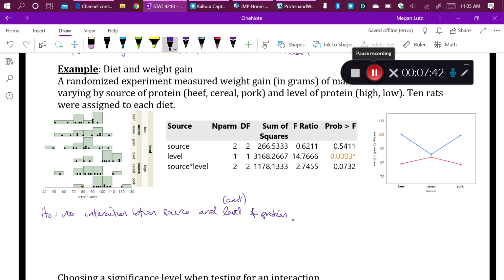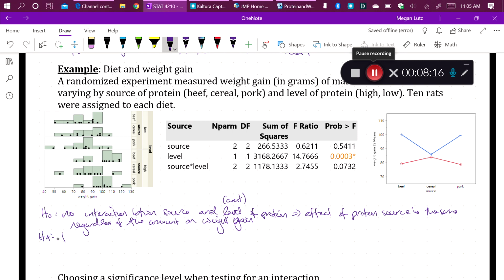So that is, the effect of protein source is the same regardless of the amount on weight gain. So both of these are saying that there is no interaction. That's our null hypothesis. The alternative hypothesis, there is an interaction.